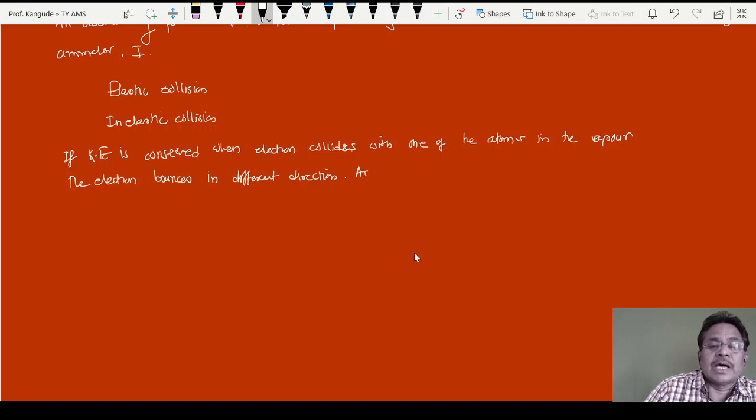As atoms are heavier than the electron, the electron almost loses no kinetic energy.